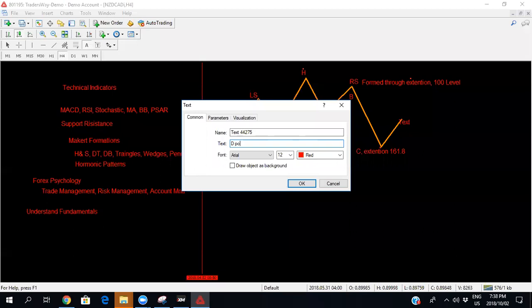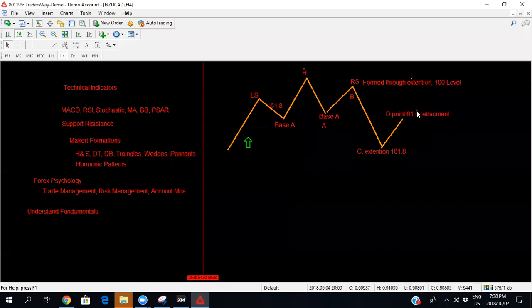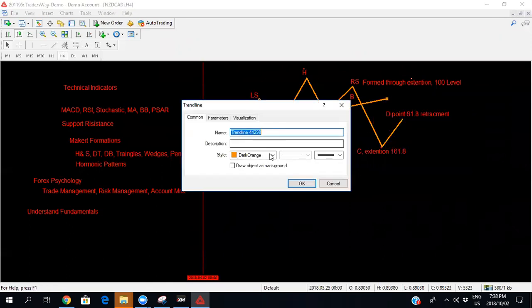D point, which is the 618 retracement. This is just a rough sketch of it. Then just here by the base, I'm going to use a different color to highlight it. That base is called a neckline.